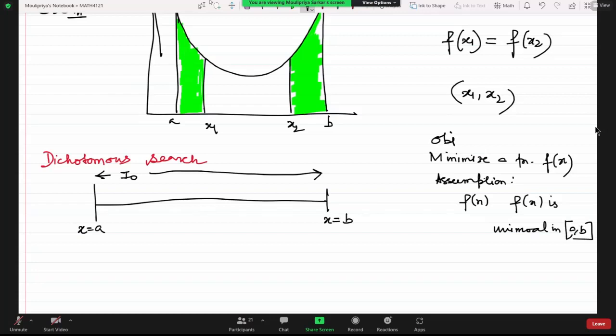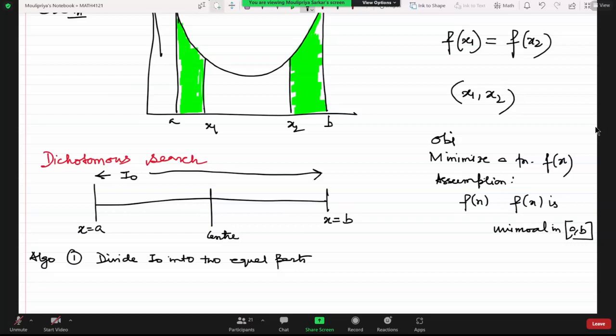Now, in dichotomous search, the first thing that we do is we divide I0 into two equal parts. Let this be the center. So this is how we have divided I0 into two equal parts.